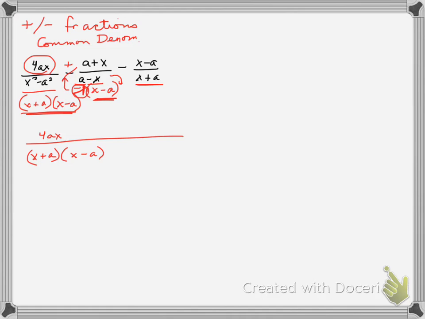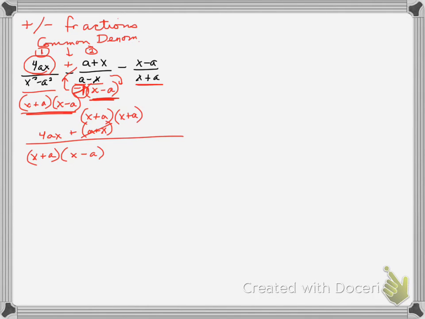For the second fraction here, there's the first fraction, no conversion needed. Second fraction, I have only part of my denominator. I need a multiplier of x plus a, and I've converted the sign to a plus. So I'll take a plus x, which I certainly could rewrite as x plus a, the denominator that's sitting there already, and I need to multiply it by another x plus a to get the whole denominator.